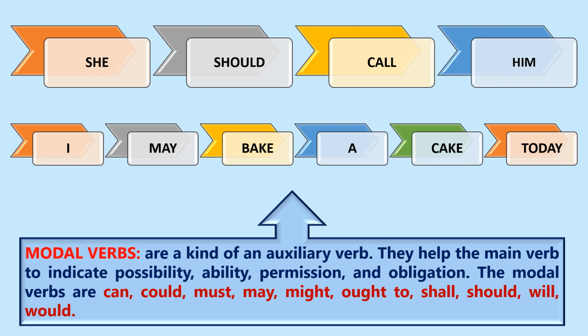So in this sentence, I may bake a cake today. I can say I shall bake, I might bake, I could bake, I will bake. So we can change it to indicate possibility, ability, permission, obligation, etc.